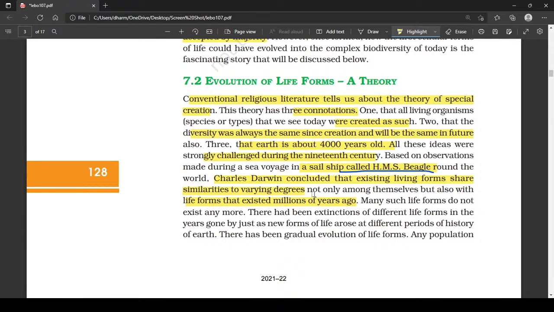Many such life forms do not exist anymore. There had been extinction of different life forms in the years gone by, just as new forms of life arose at different periods of history of Earth. There has been gradual evolution of life forms.